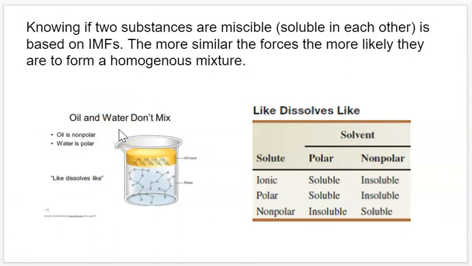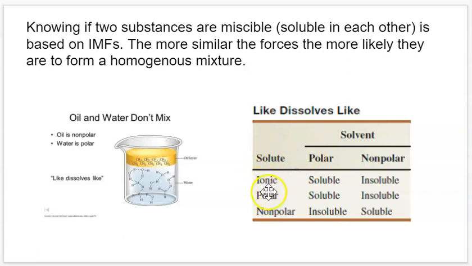So nonpolar things and polar things generally are not going to be able to mix very well because their intermolecular forces work very differently. So this phrase here, like dissolves like, is a pretty good guide for understanding this. And this table here shows you a general idea of what's going to be able to dissolve in what in terms of polar and nonpolar substances.